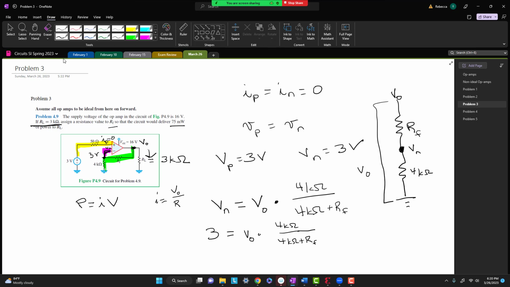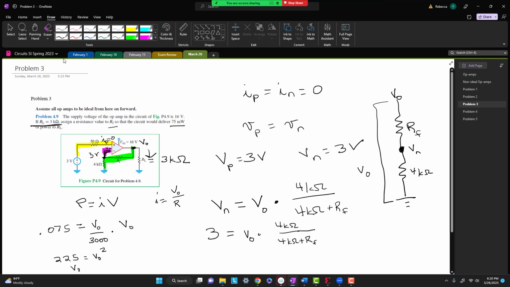So our power, which is 75 milliwatts, or 0.075 watts, equals our current, which is VO over 3000, times our voltage. Well, our voltage is VO. So 3000 times 0.075 is 225, equals VO squared, or VO equals 15 volts.